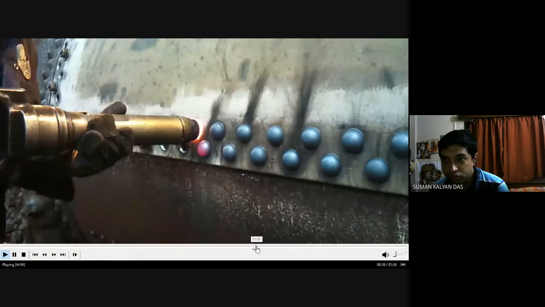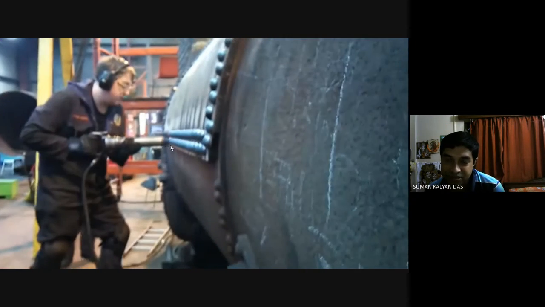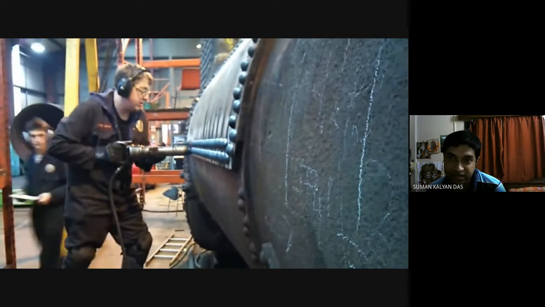Let me show you the person who is sitting inside. As you can see, he is the person who is inside, and he also has a similar type of device. That provides the necessary support, and on this side the person is using this device to make the rivet.